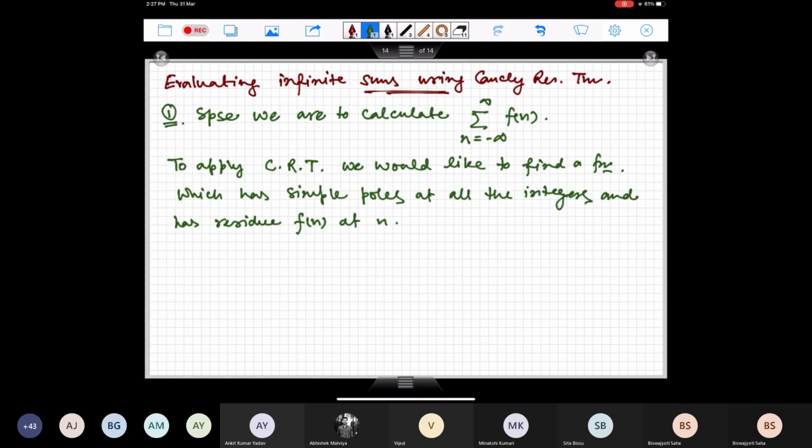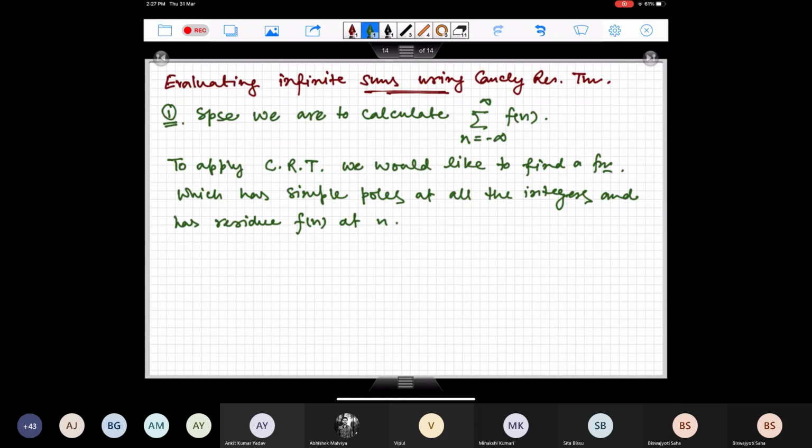But to start with, which function will you take? The function which has simple poles at all the integers. The basic idea is first to find a function which has simple zeros at all the integers. For that, we consider the sine function.